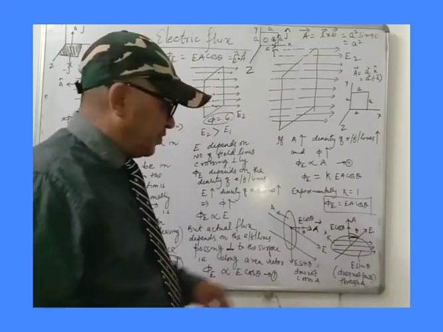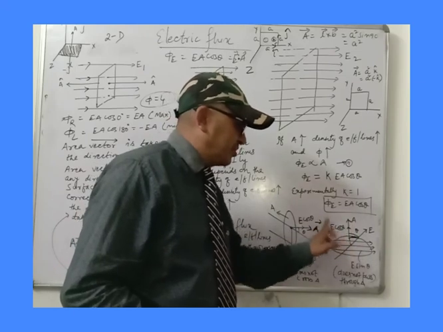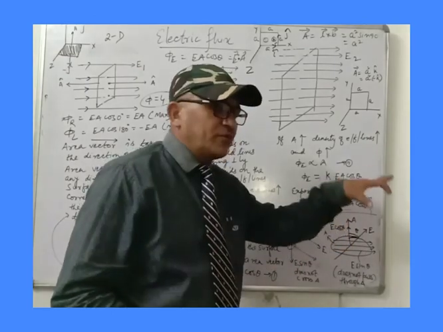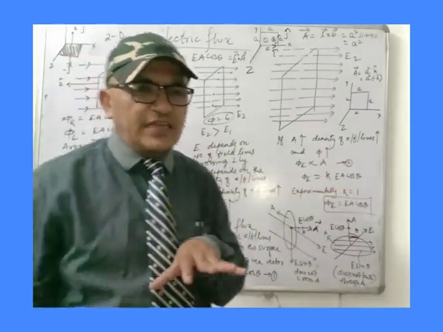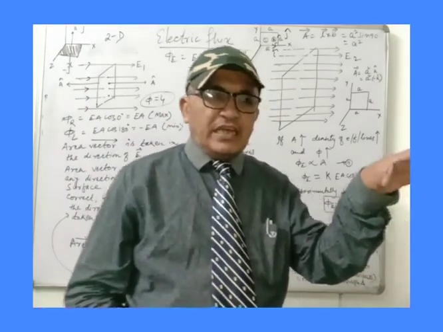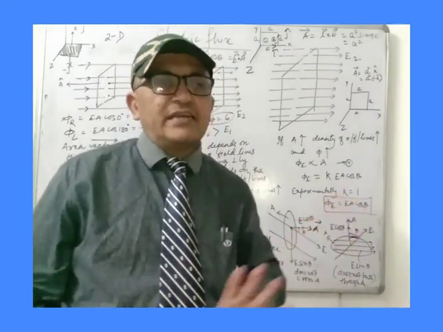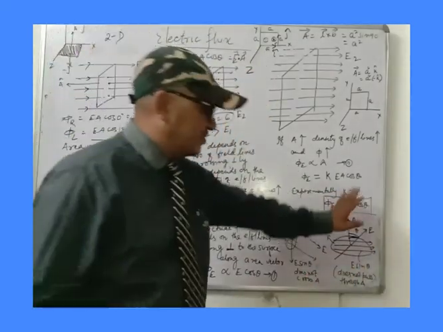So E cos theta is a very important aspect. Whenever you solve a problem, you always find the direction of the electric field and the direction of the area vector. Along the area vector, you have to find the component of the electric field and then multiply with area. So you will get EA cos theta.